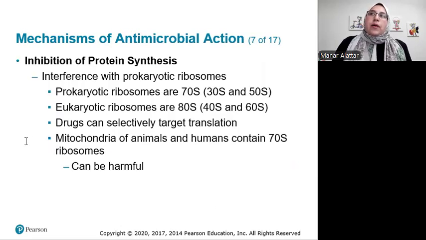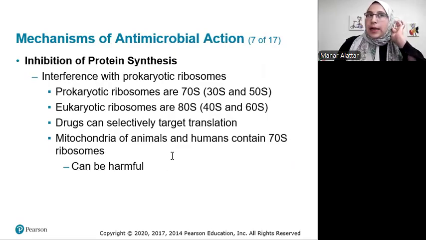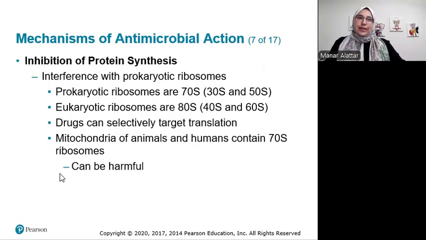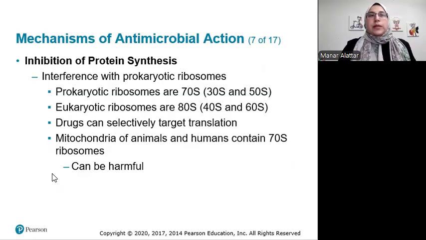Okay. There are some side effects though, because we also, as the host, have ribosomes, even though they're structurally different from prokaryotes. Sometimes there can be side effects on the liver and the bone marrow when using these antimicrobials that inhibit protein synthesis. Okay.